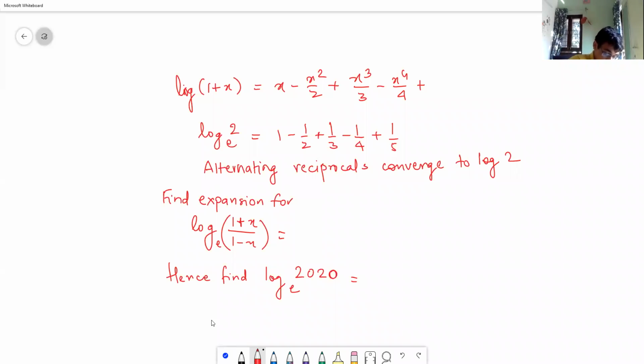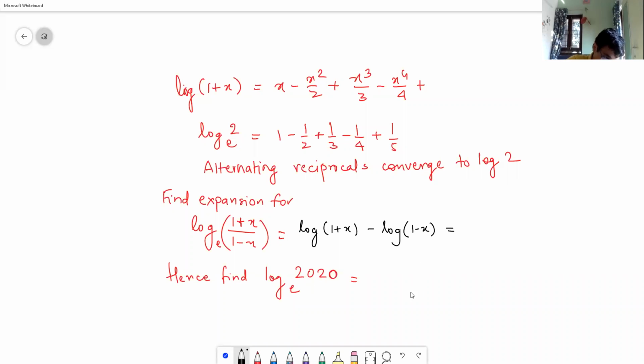Using properties of logarithm, you can write this as log 1 plus x minus log 1 minus x. Log 1 plus x series we know. Now you find out what the log 1 minus x series is. Putting x equal to opposite of x everywhere and then subtracting them, you will get the series.